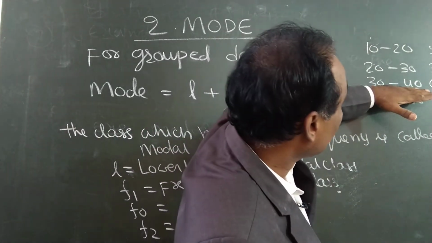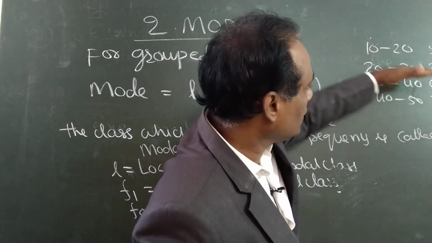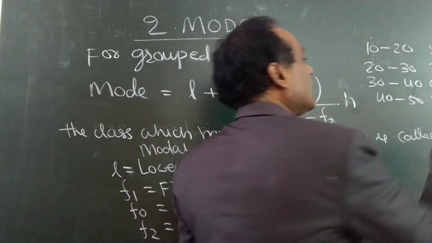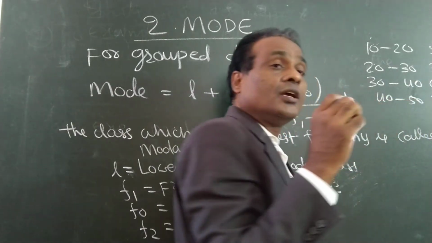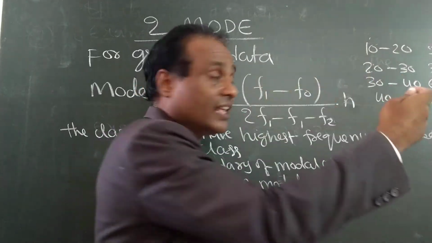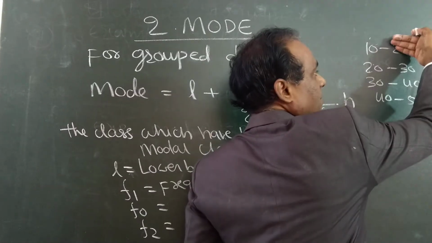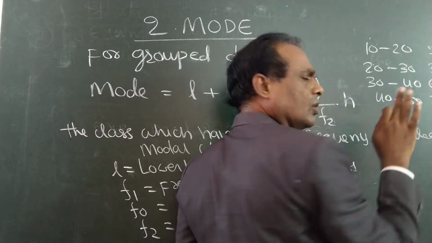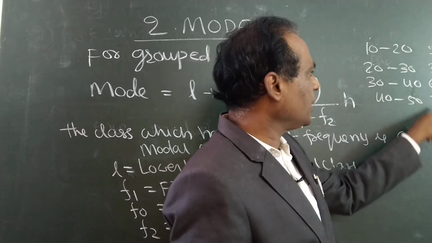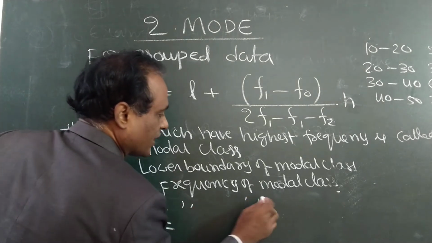The frequency of the class immediately lower than the modal class, the class preceding it. Preceding means before, succeeding means after, so no confusion with the words. Just take the highest frequency as F1, above it F0, below it F2.